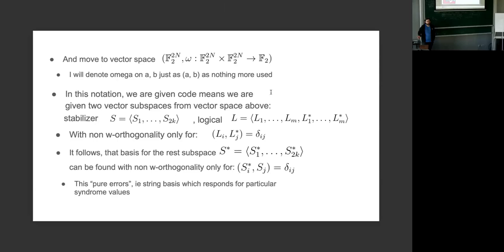Okay, so what does it mean that we are given a code? It means that we are given the stabilizer subspace and the logical subspace, and we are given some commutation relationships. All stabilizers commute, so their product is 0.